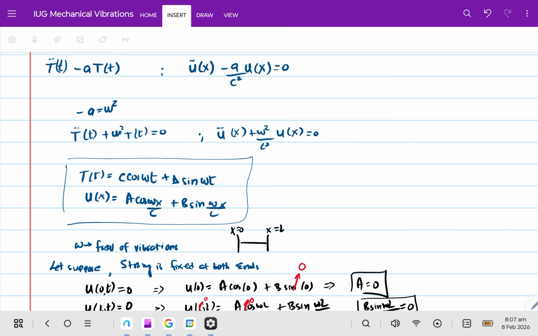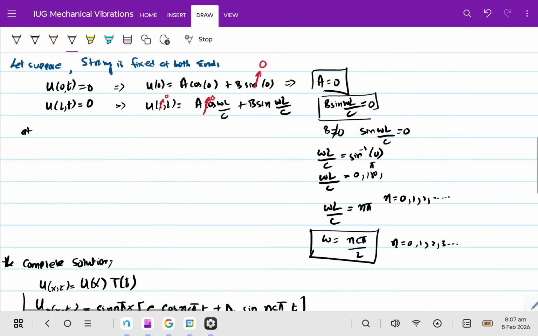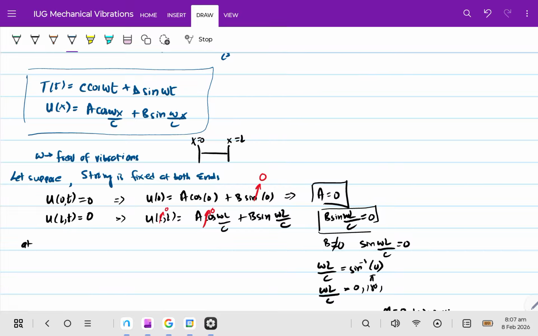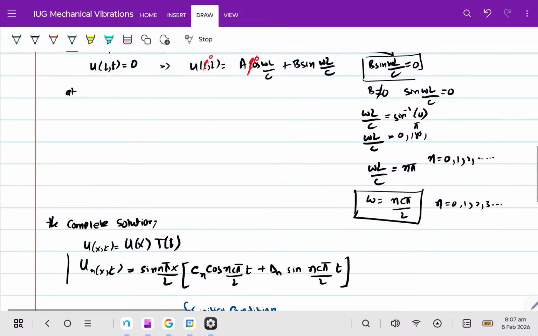Once we reached this solution, we applied the initial boundary conditions for the string, and we substituted u0t into the u equation, and ult also into this u equation, and found A and B. Because this tells you about the movement of this string, or in the case of the beam, it will help you find the frequency of the system. So you will end up getting the frequency of the system.